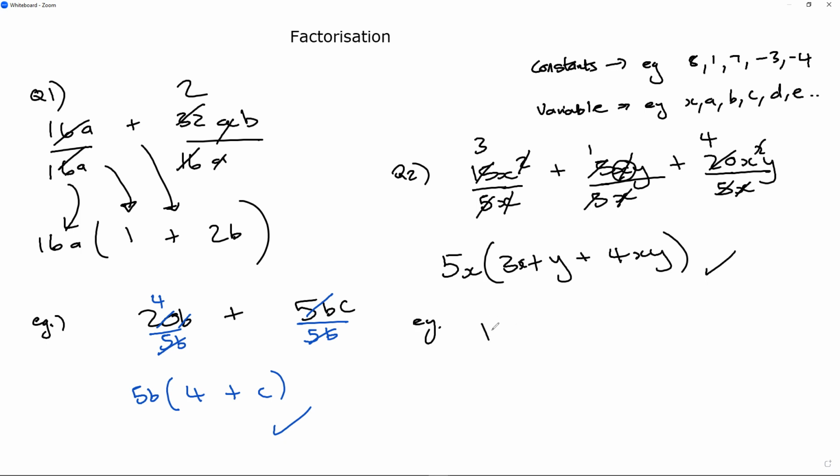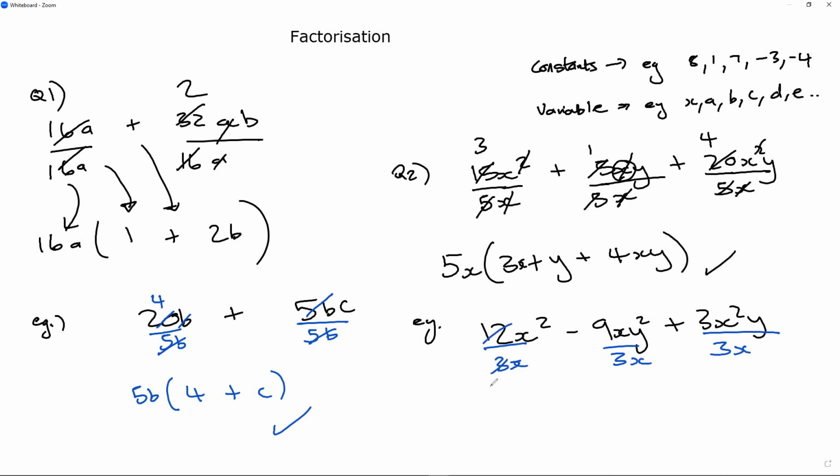Suppose you've got 12x squared minus 9xy squared plus 3x squared y. Alright, let's have a look. I can divide each of these terms by 3, and I can divide each of them by x, so definitely 3x.